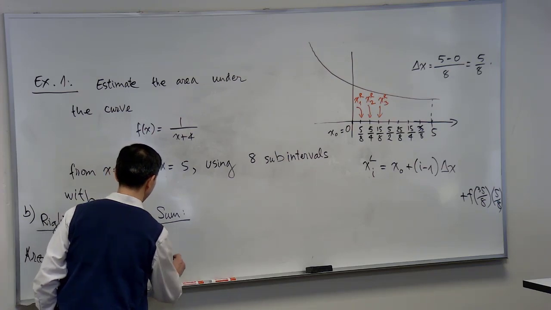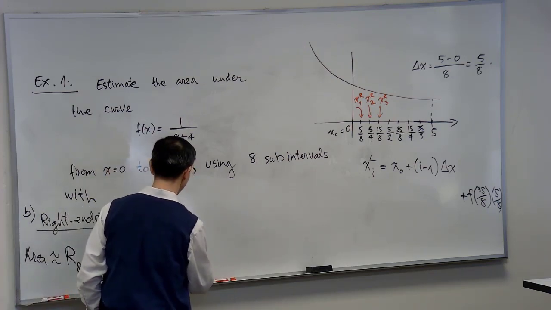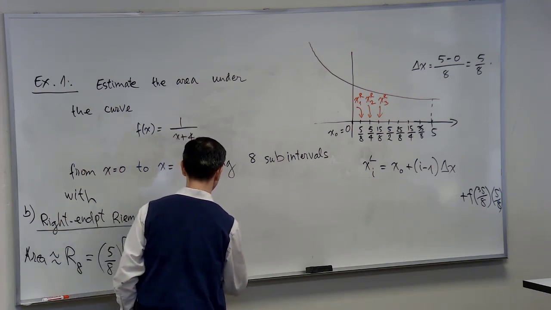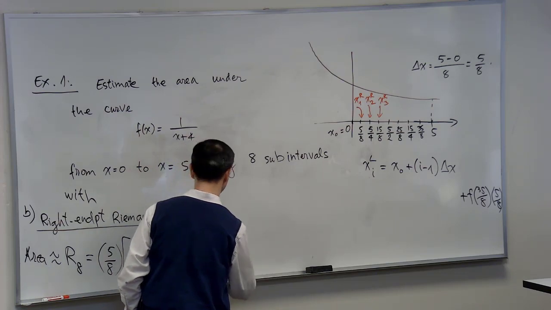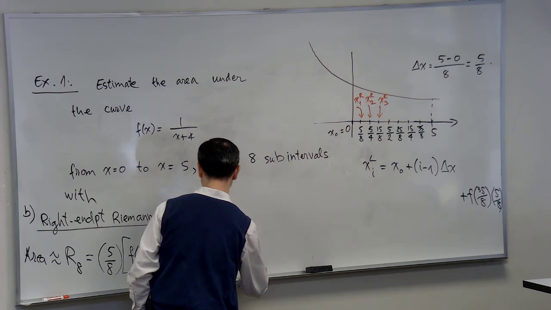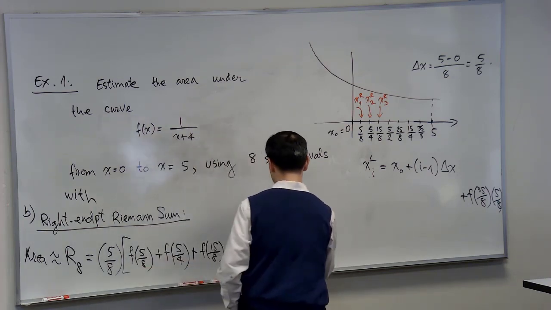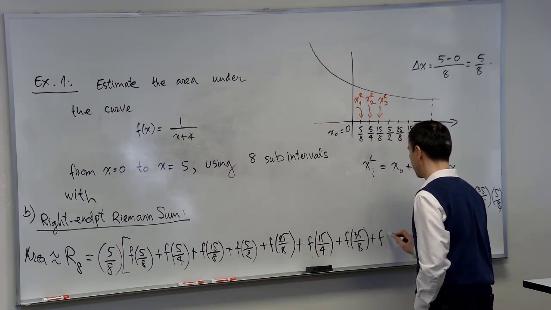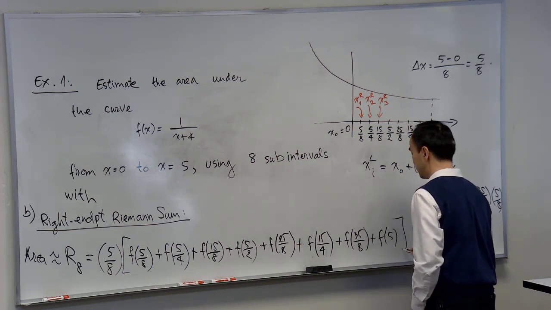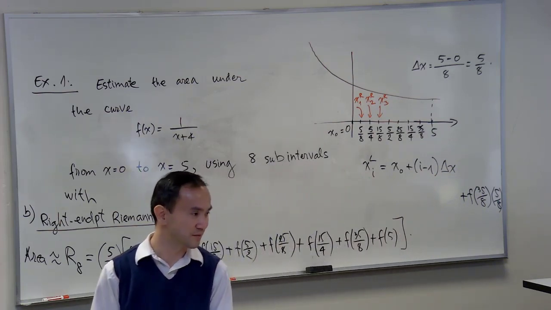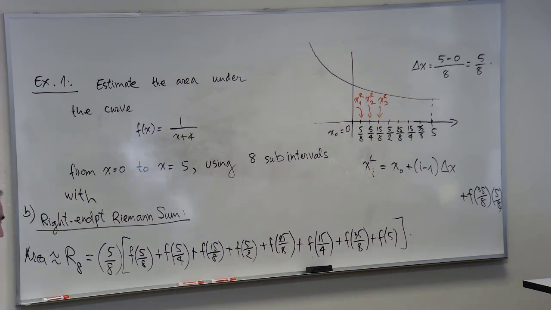I'm going to add f of the next one here, 5/4, and the next one here, f of 15/8, plus f of 5/2, and 4 more. The last one is, right? At least I have more space to write this on. So I hold out that common factor right there.